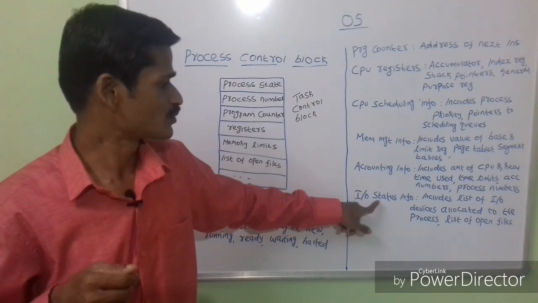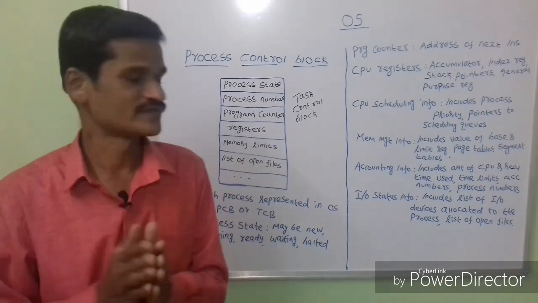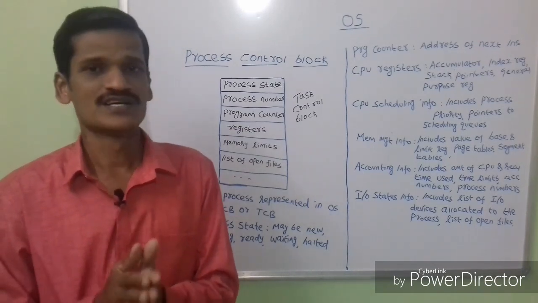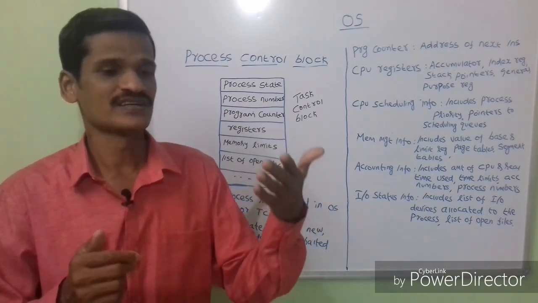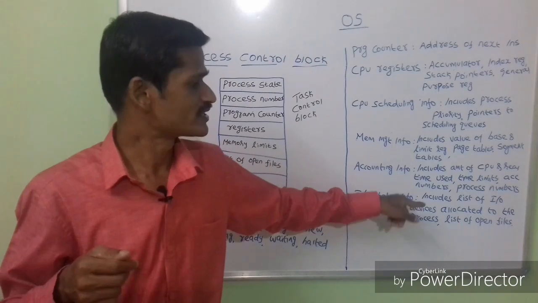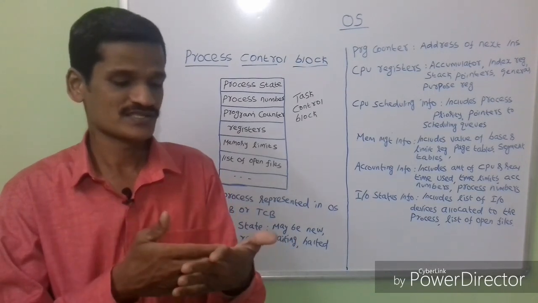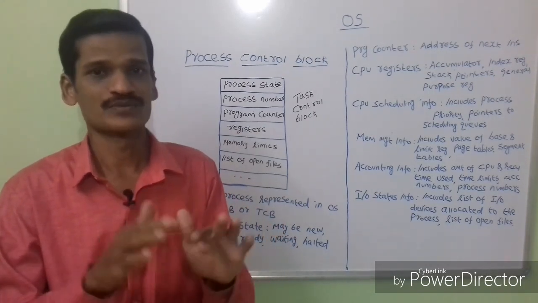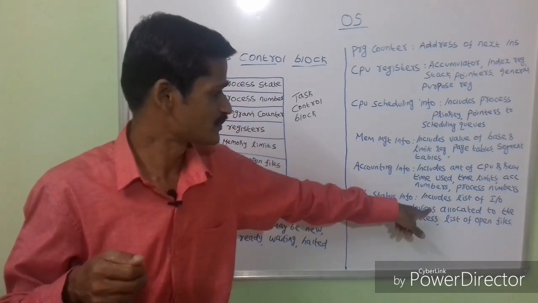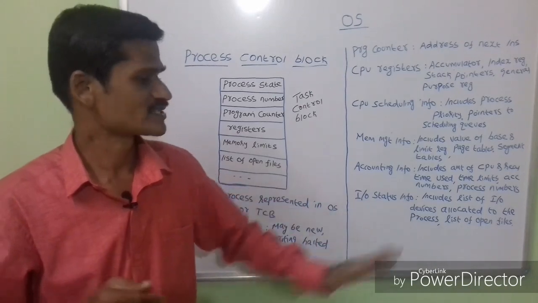The last one is input output status information, otherwise called IO status information. This is a very important thing. It includes the list of input output devices allocated to the process, so each input output device is allocated to the corresponding process, as well as the list of open files. Each process has some input output device priority, and likewise the devices are allocated.